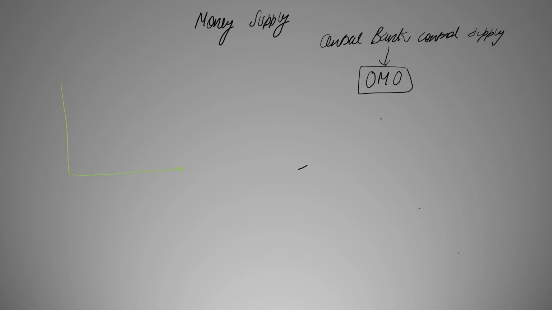From the previous video, if you remember, this intersection does not actually denote I, but actually helps us find bond prices. So the intersection of MS and MD basically gave us the bond price.